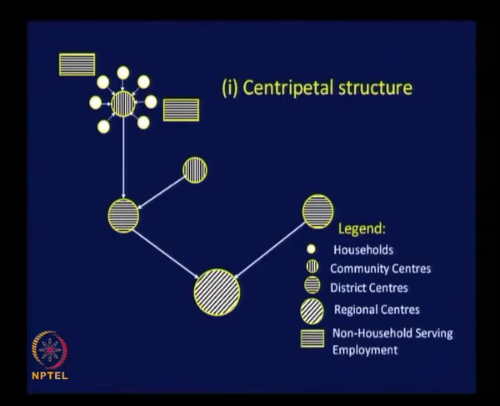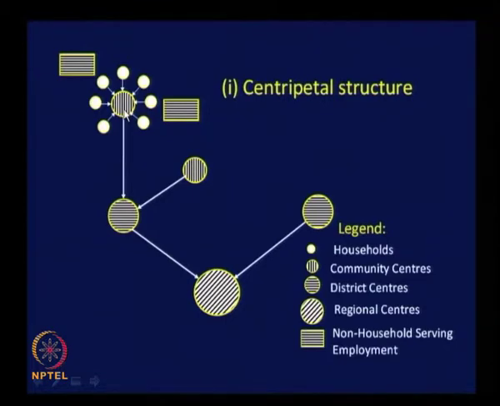You can see households are shown as a cluster around a community center. This is just to illustrate the concept that households immediately focus on the community center for their day to day activity needs, right. That is how this has to be understood.